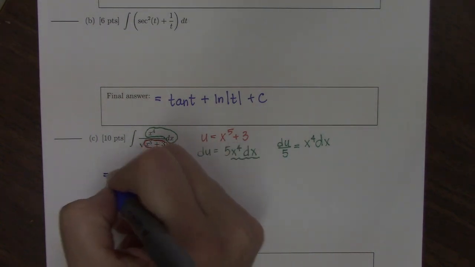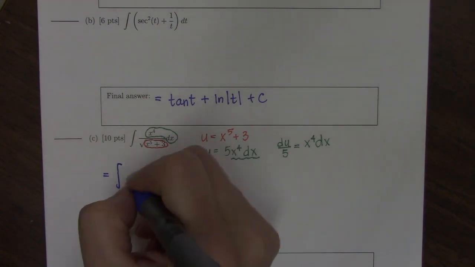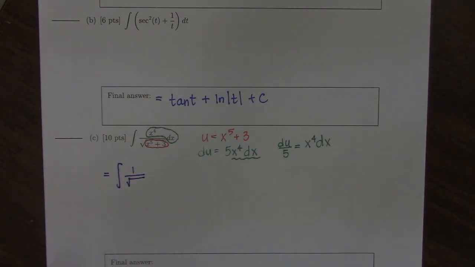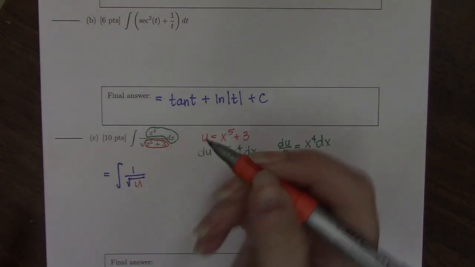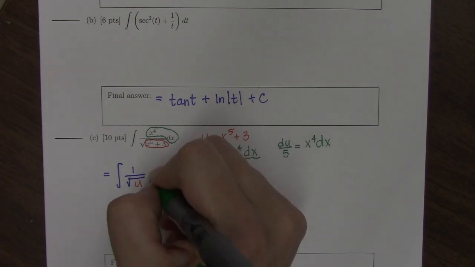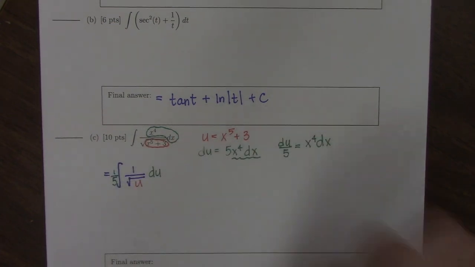So my new integral, I've got 1 over the square root of u, and then the x to the 4th dx becomes du over 5. And so I'm going to just push the constant out front.